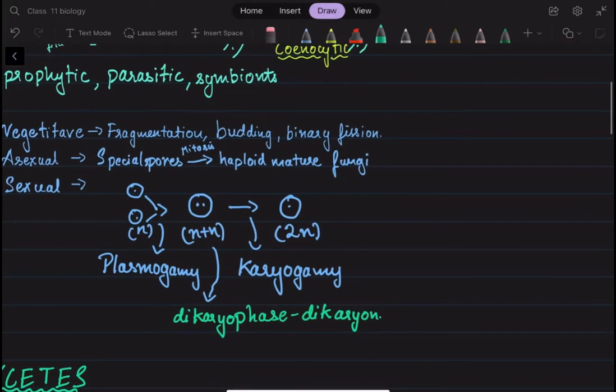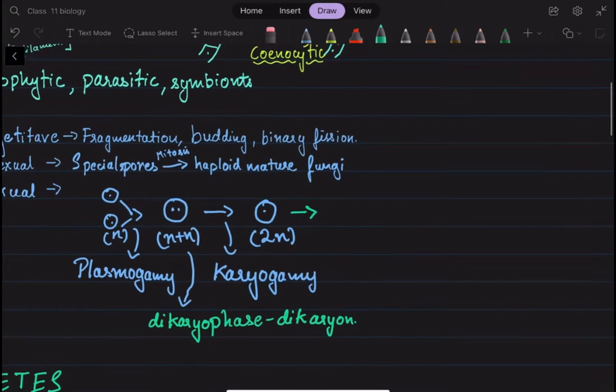And later this 2n zygote forms a special mycelium.